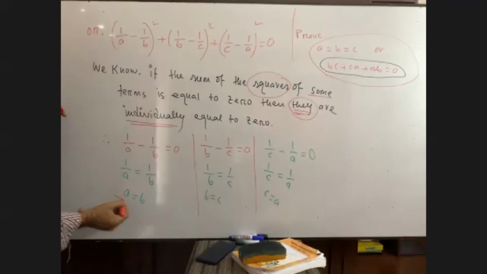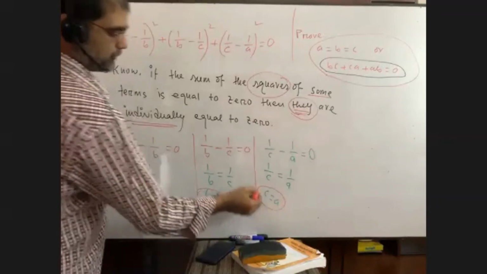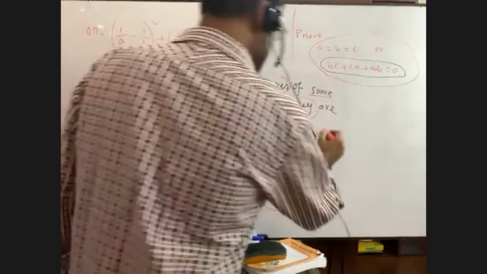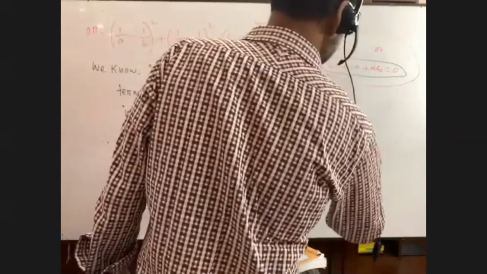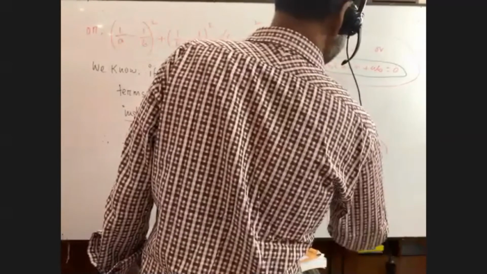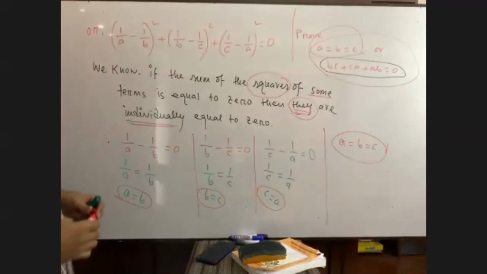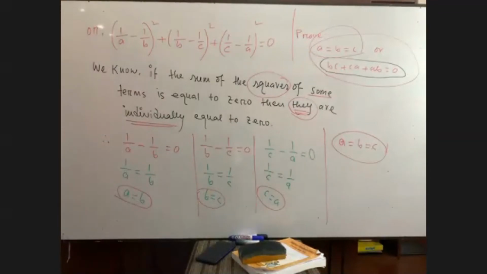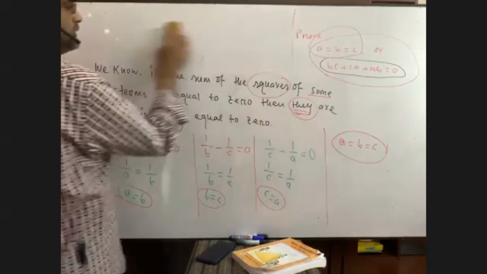We are getting a equals to b, b equals to c, c equals to a. That means from these three, we can conclude that yes, a equals to b equals to c. That I told you at first. That proves that a equals to b equals to c. Have you got me? Yes, sir. Okay.